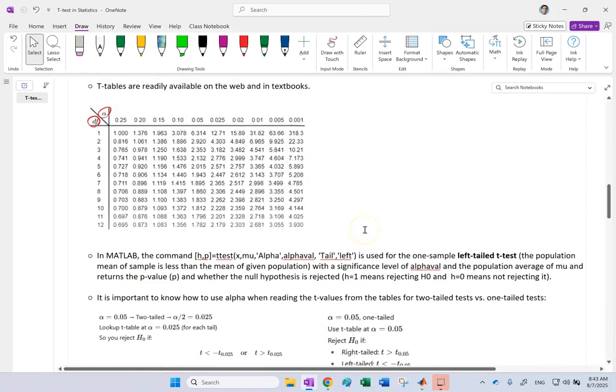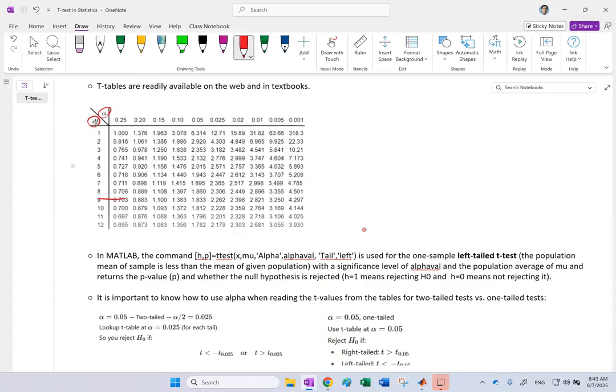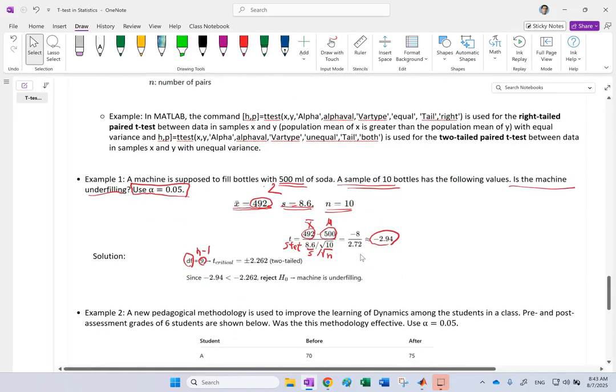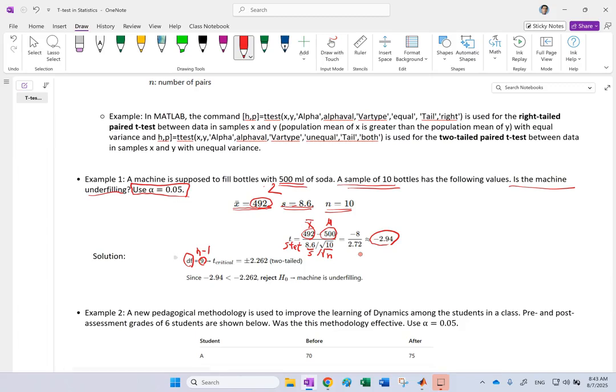If we go with 9 and 0.05, the number is 1.833. And it's interesting, here I get 2.262. You might say, well, these two numbers are not the same. Where do you get this number from? Okay, here I have to tell you something.